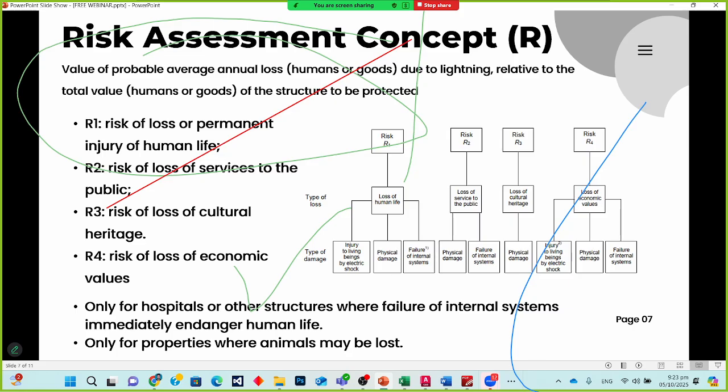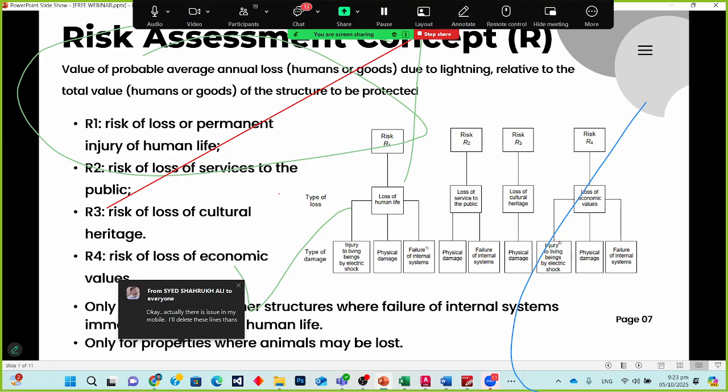One is the N_D. I will show it after this slide in the IEC standards. Multiplied with the loss, and also multiplied with the probability of that risk. So these four risks will be calculated through this.